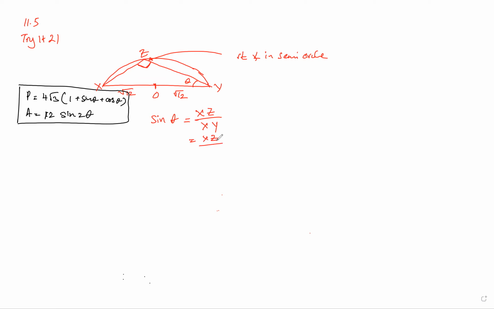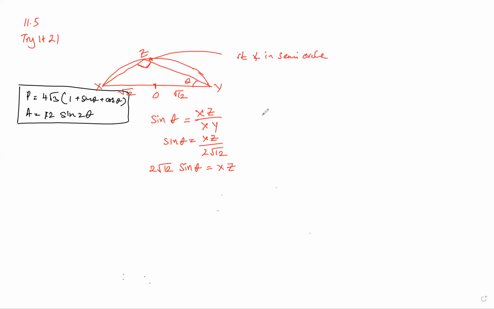And XY is given as 2 square root 12. So this is 2 square root 12 sine theta equal to XZ. How about the other one, ZY? So that's A over H, right?